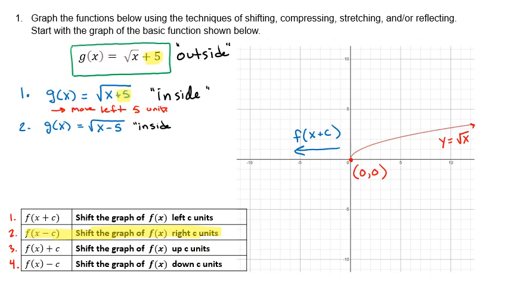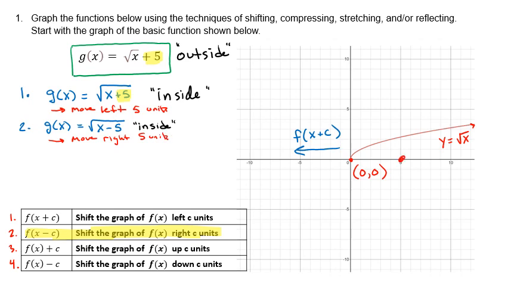It's inside of the square root. Anytime you have something going on, addition, subtraction, multiplication, division, inside of the function, that's happening in the x direction. It's happening to the x value first, before the function is taking place. So that would tell us to move the entire graph right 5 units.